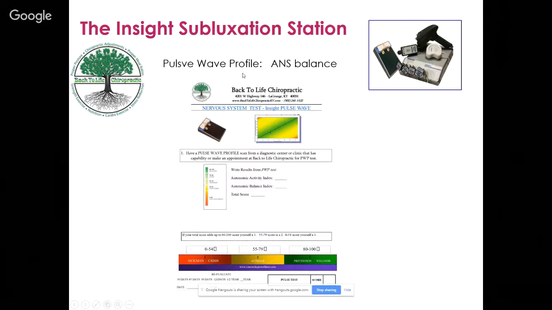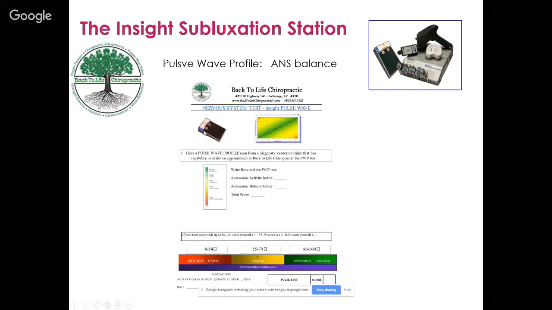And then the pulse wave profile, which is the autonomic system balance. You're seeing how your parasympathetic and sympathetic are balancing out. It reads the inner pulses. So if you have like 70 beats per minute, there are little pulses within those 70 that should be a little bit different. And if they're off a little bit, it shows how well you can adapt to stress. So it's another nice test that we can run.